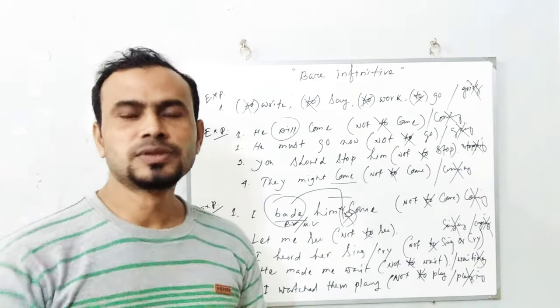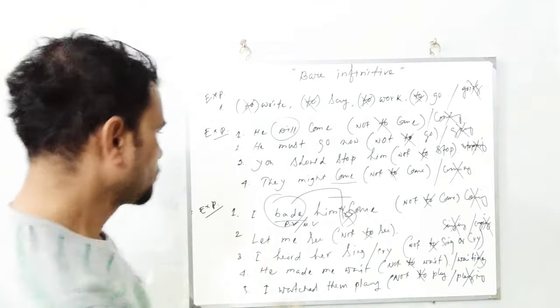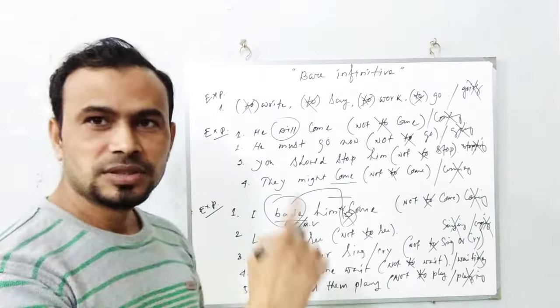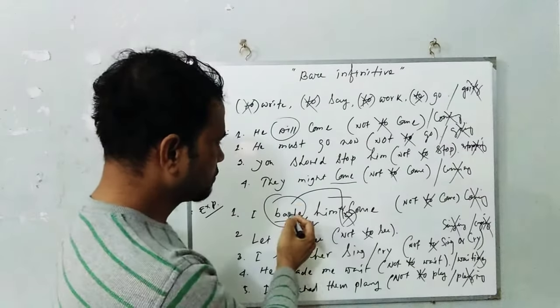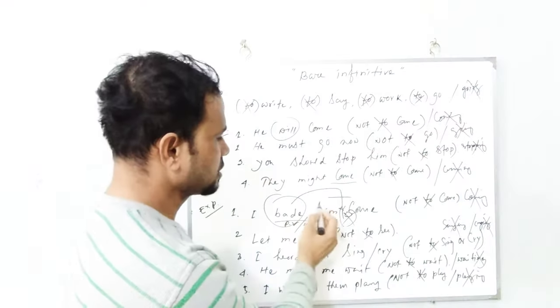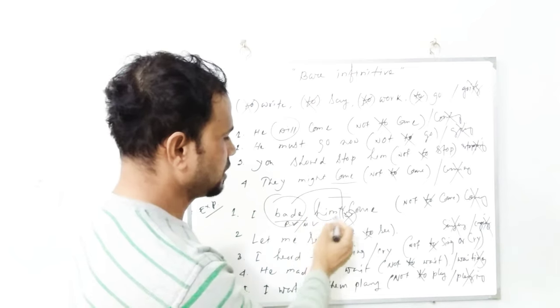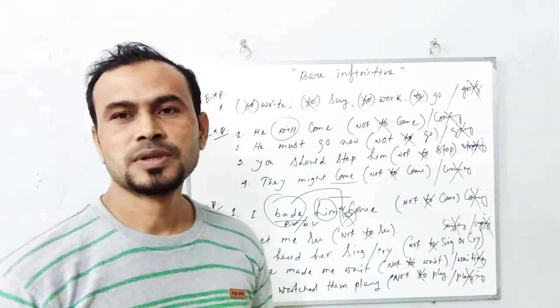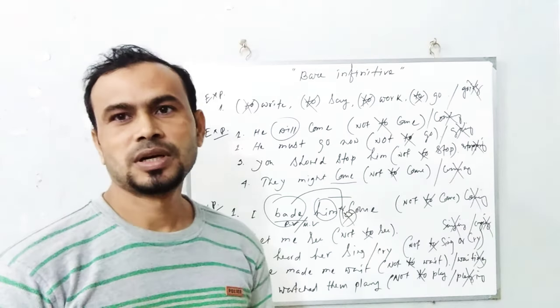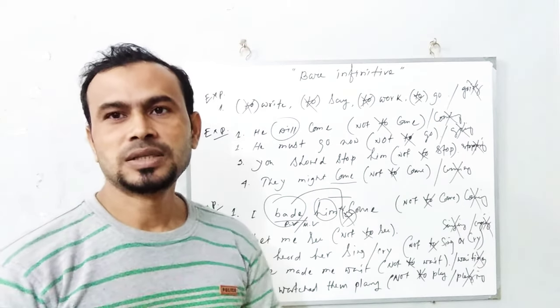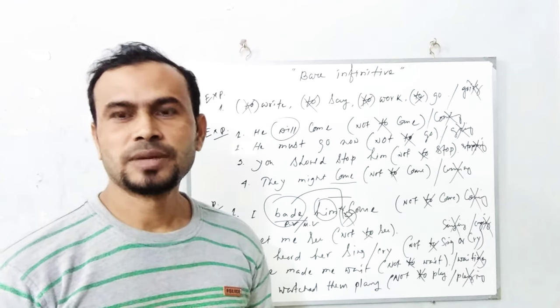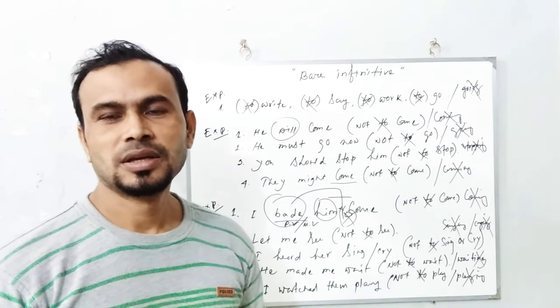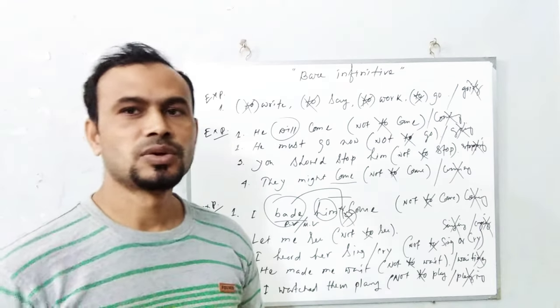You can also understand when you see a main verb or principal verb and after that a personal object. Personal object means what? Personal object means him, her, them, me.